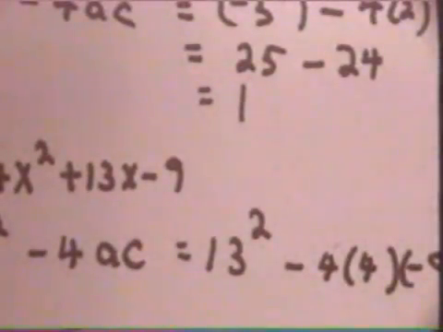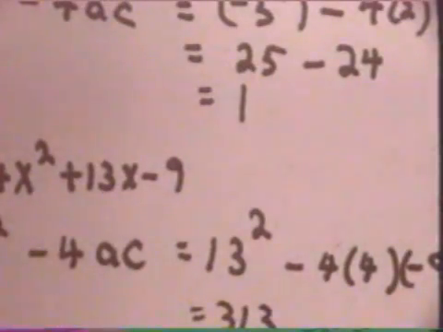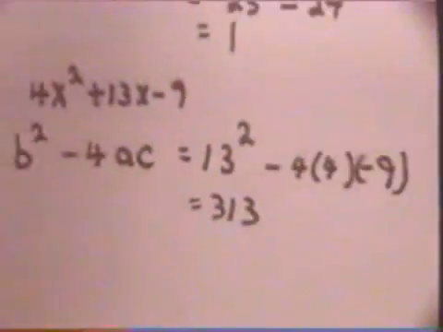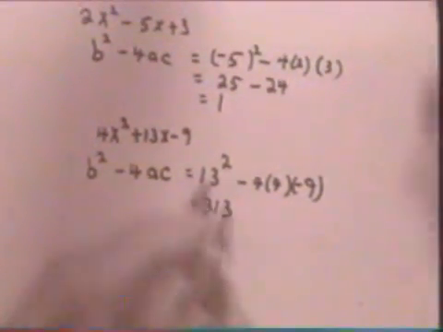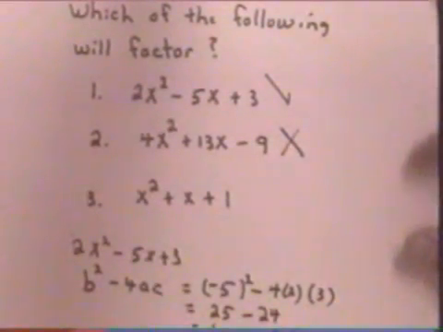Now 313 is not a perfect square. So since 313 is not a perfect square, we know that it will not factor. So I'm going back and saying this one will not factor.